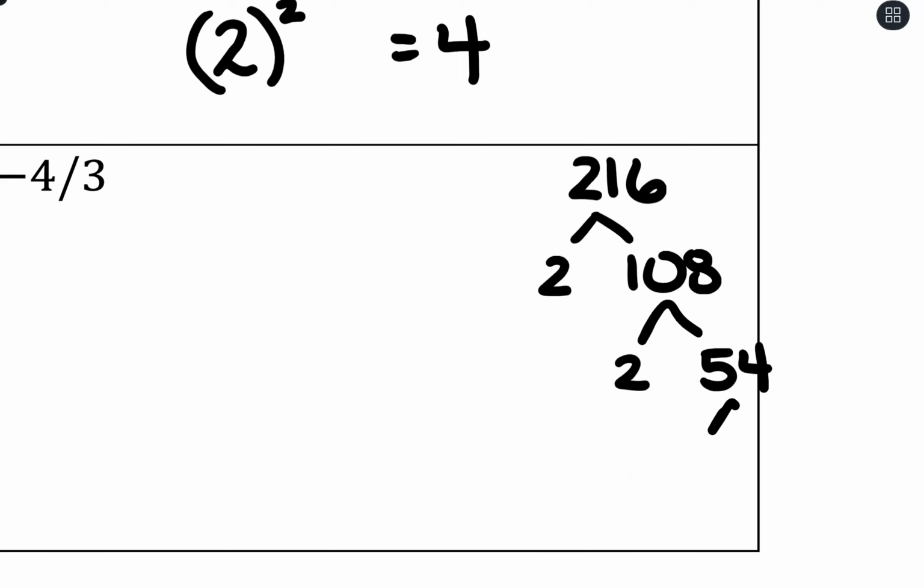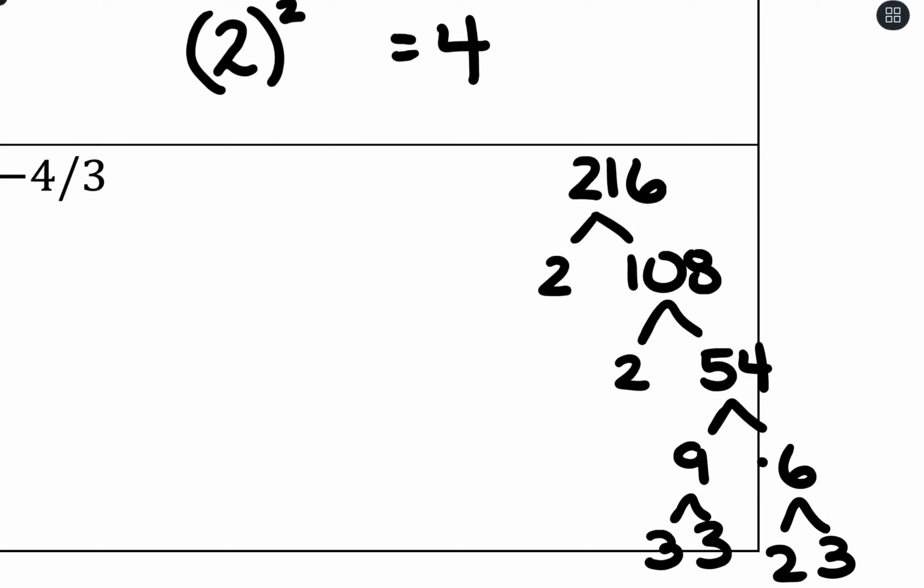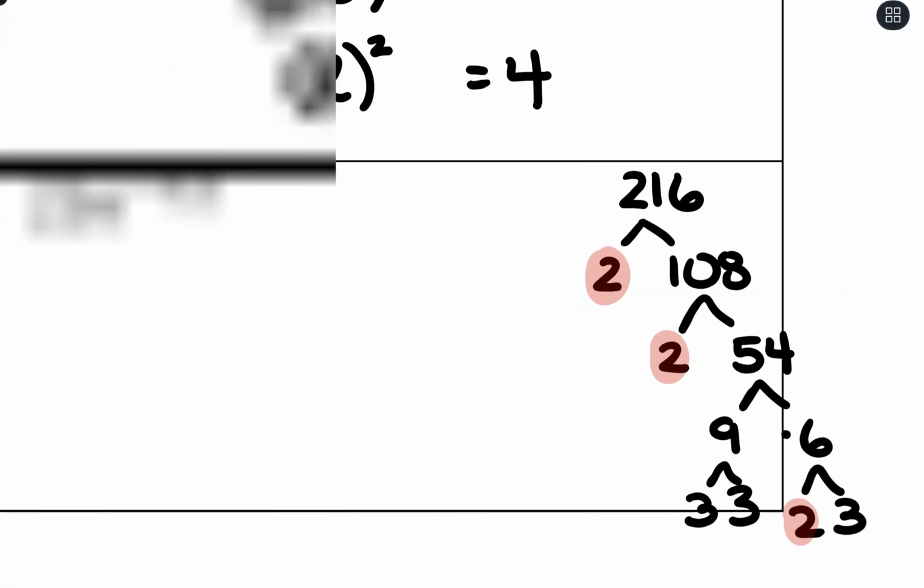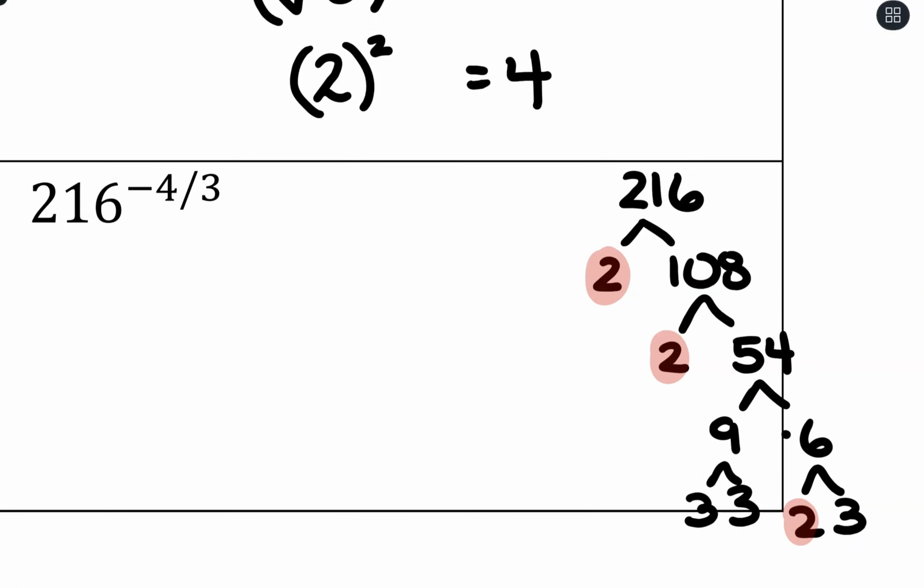All right, 54 I know comes from a 9 times 6, which is a 3 and 3, and a 2 and 3. Okay, so I'm seeing some pairings of 3s here. I'm just talking you through my process here. So I see I have, and it's not pairing, sorry, because it's a cube root. I'm looking for threesomes. So I have a threesome of 2s.